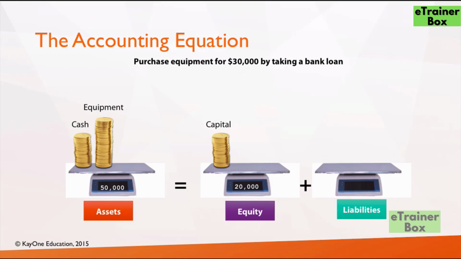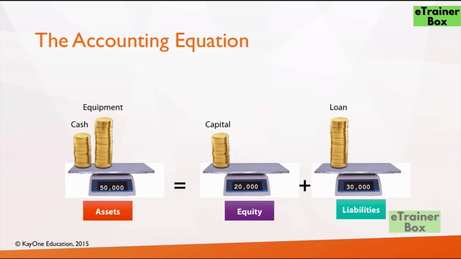On the contrary, since you have taken a bank loan, you need to pay back the banker, and therefore you owe this money, and therefore this is a liability. Therefore your liabilities become 30,000. So look at the accounting equation again. 50,000 equal to 20 plus 30. Therefore the accounting equation is in balance.